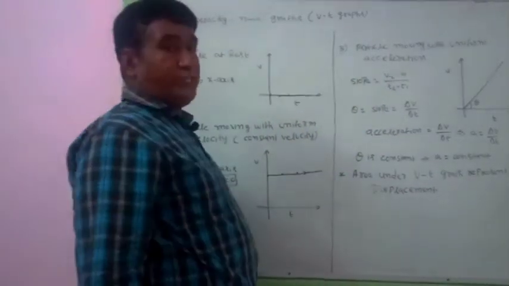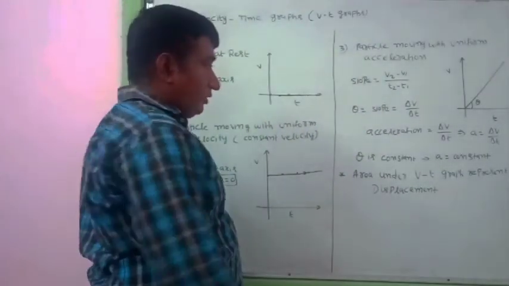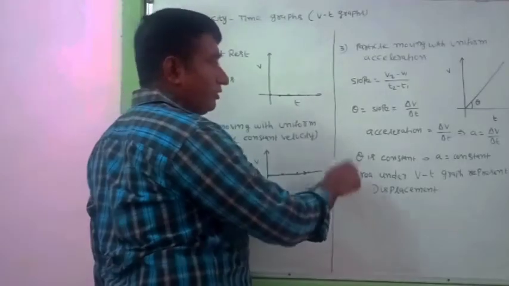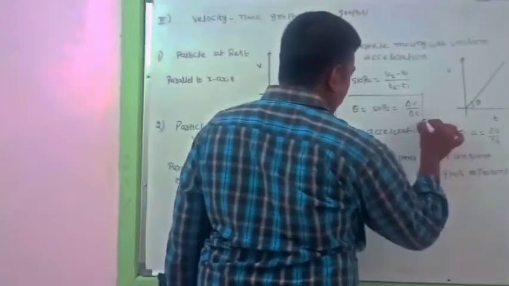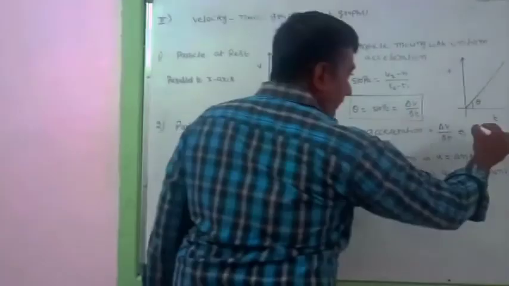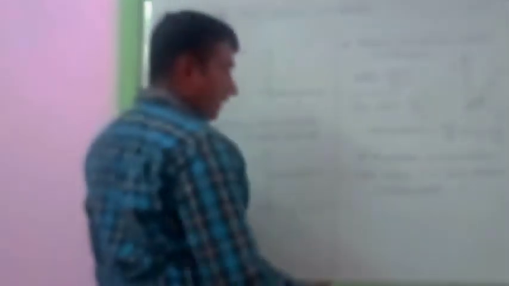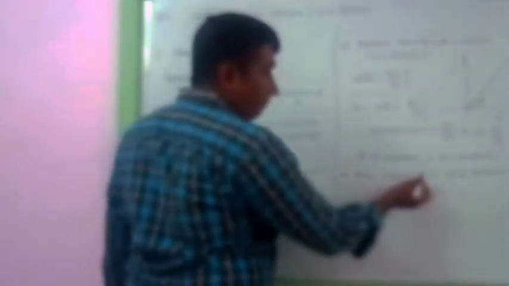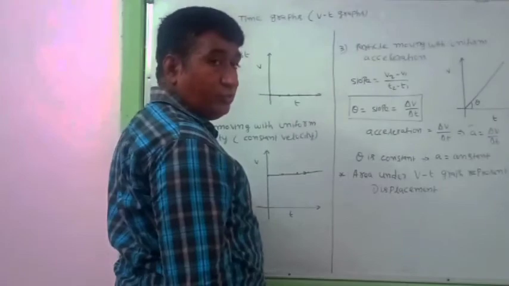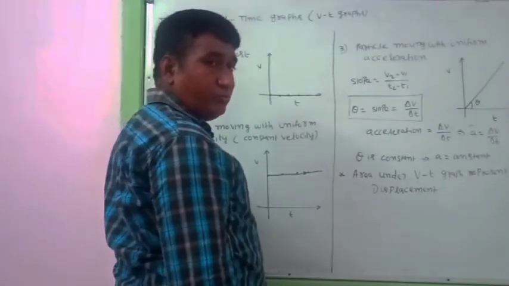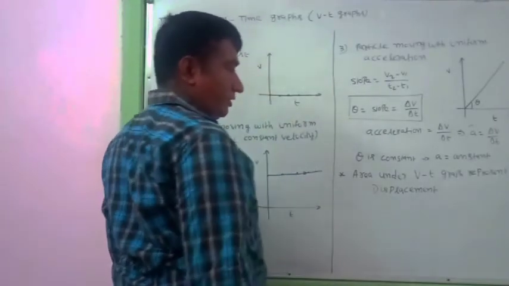These are the two conditions. With the slope, we can find acceleration. With the area under the velocity time graph, we can get the displacement. With the help of this only, we proved s equals ut plus half at square and v square minus u square equals 2as.